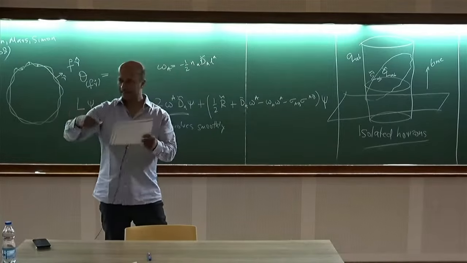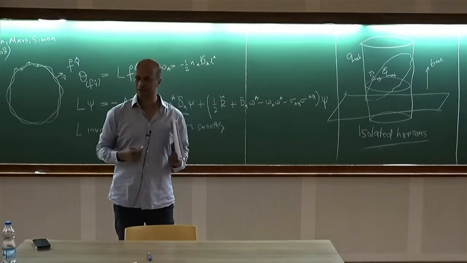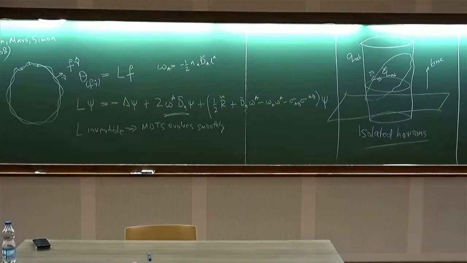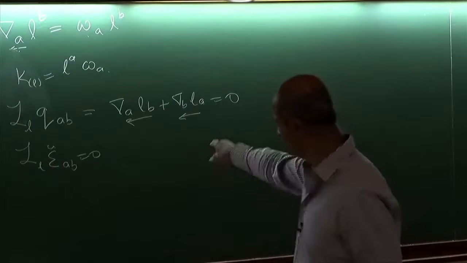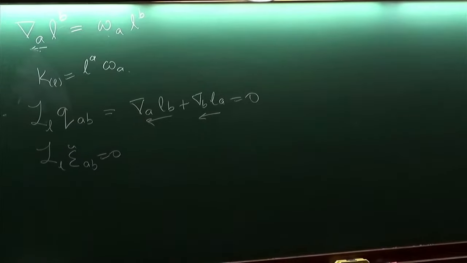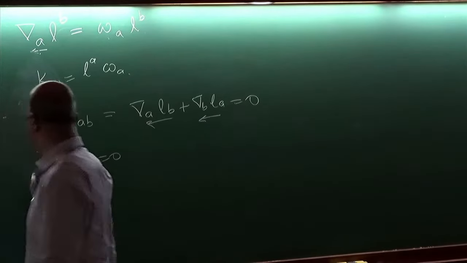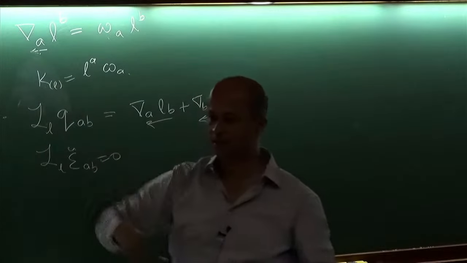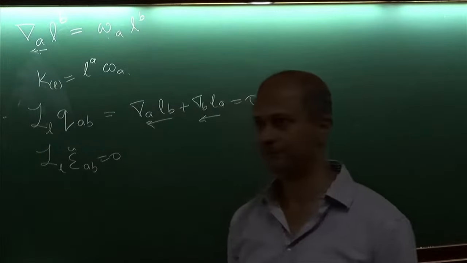If I integrate that, I get the area of the cross section. I can also show that this must also be time independent. And this is the reason why no matter what cross section you take, you get the same area. If I integrate this, then the Lie derivative of the area is just 0. It doesn't matter how I change the slice. It still has to be true.